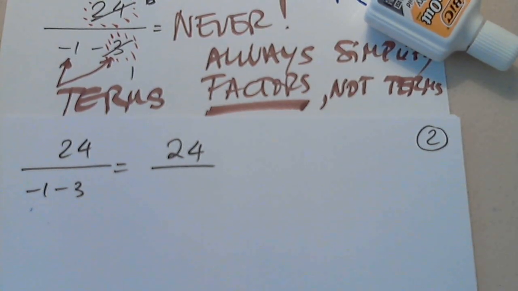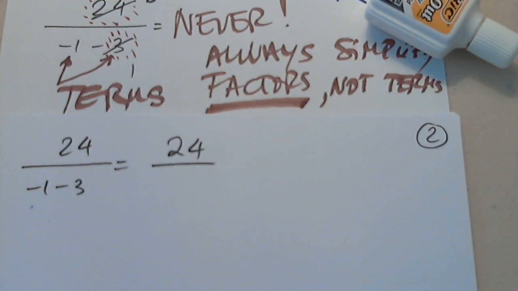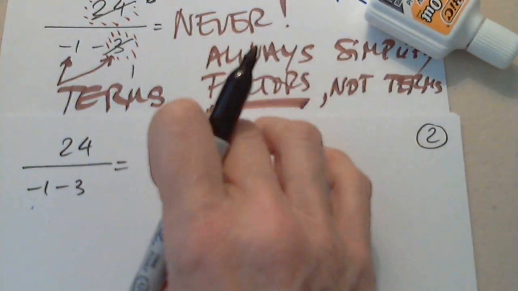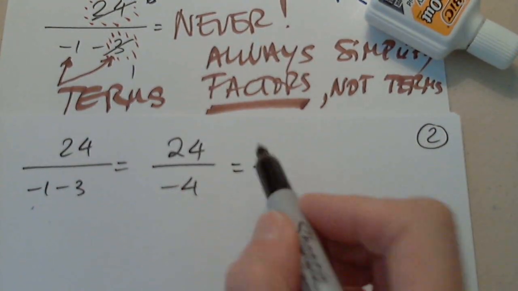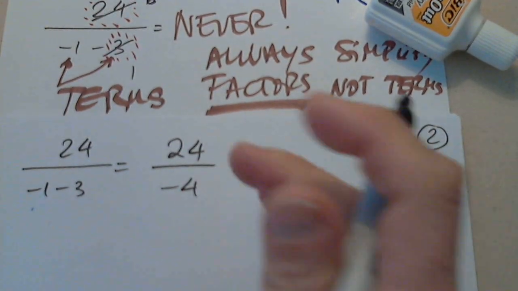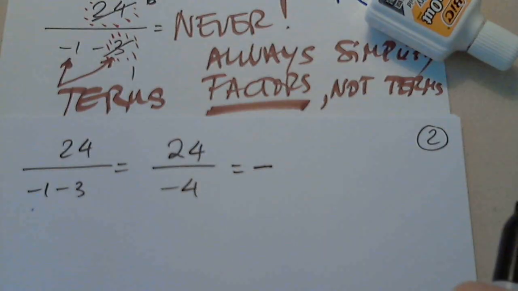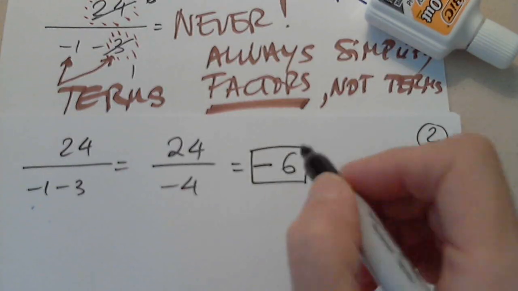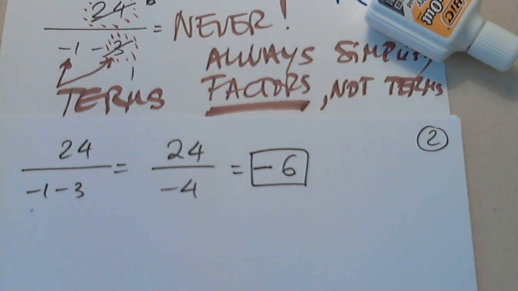Perfect. Negative 4. So please always take care of the sign. A positive divided by negative is negative. And now divide 24 divided by 4. And we get the final answer. Always take care of the sign first.